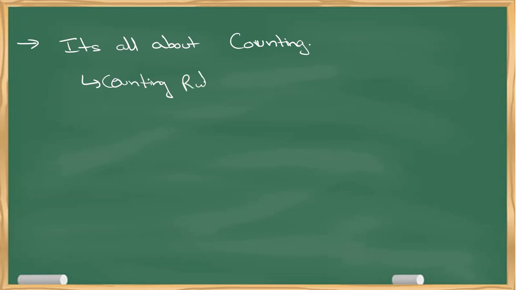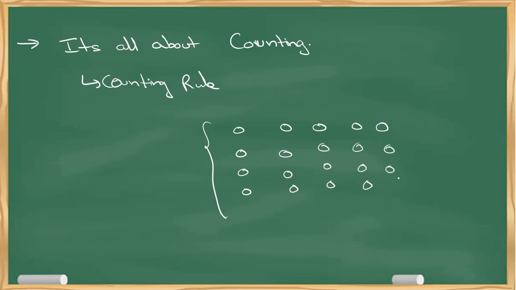How it actually works. Now let's say there is a grid, which has 5 marbles. If I ask you how many marbles are there on this plane or a grid, you can easily say 5. But if this is the case where there are 4 rows and each row has 5 marbles, you need not count each and every marble.